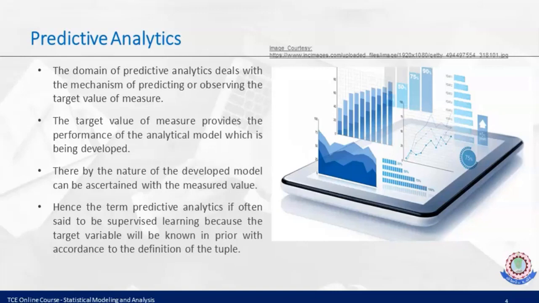Now let's explore what is predictive analytics. In the previous session, we have discussed different types of analytics which support in handling different formats of data. In predictive analytics, the aim is to build an analytical model predicting a target measure of interest.